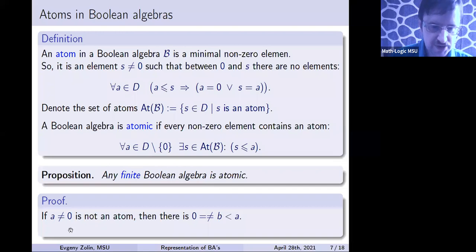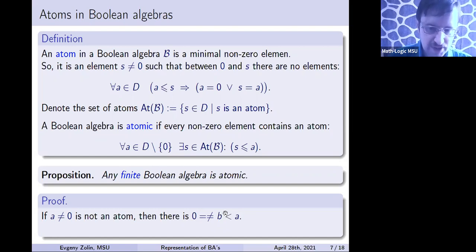Let us take any non-empty element A. We need to find some atom below A. If it is an atom, then we are done. If A is not an atom, then there is a smaller element. Atoms do not have smaller elements, but if A is not an atom, it has a smaller element, say B, a non-zero element of course.